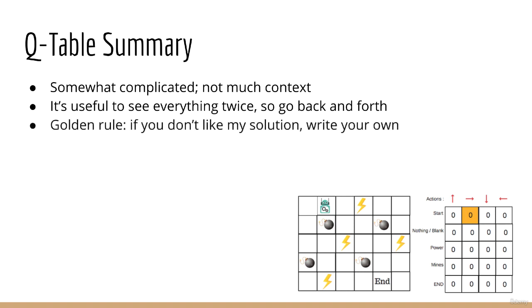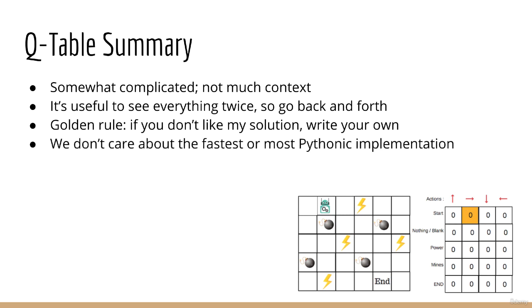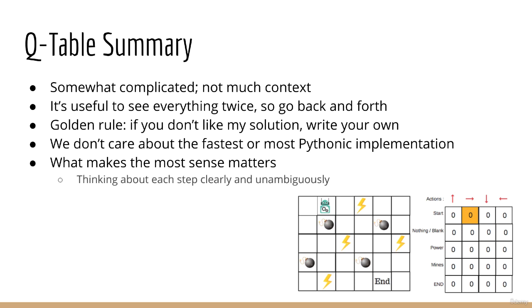Better yet, as I always say to my students, if you don't like my solution, create your own. I'm only here to teach you the concepts and to give you an example implementation. It's not meant to be the fastest implementation, nor the most Pythonic implementation. It's the implementation that makes sense to me, and hopefully it makes sense to you. I think doing things the way I just described helps you to think through all the steps clearly and unambiguously. Your goal should always be to implement things in a way that's most intuitive for you.